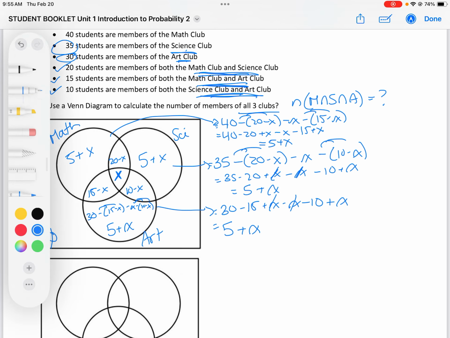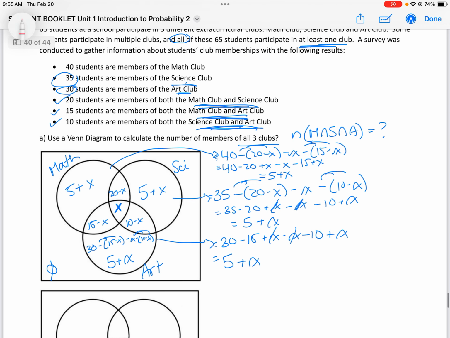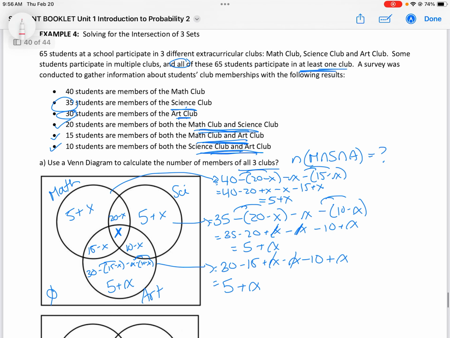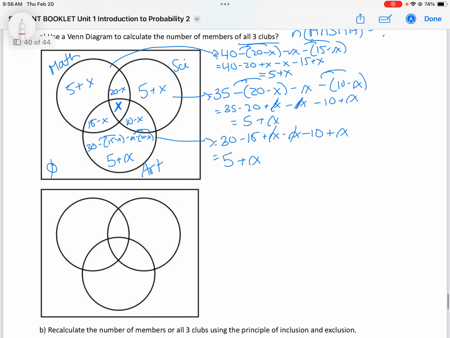So now we have this Venn diagram with a bunch of expressions of X in it. Okay. In the original question, going back up here, 65 students will fill all 3 of these circles. So we have to make a note that math or science or art is actually going to be 65.